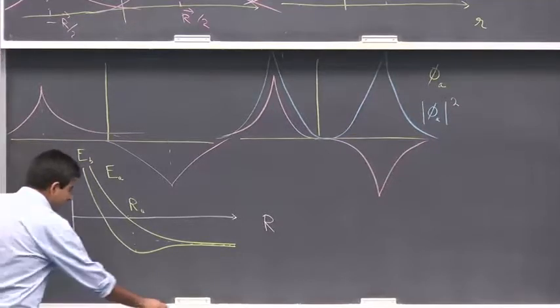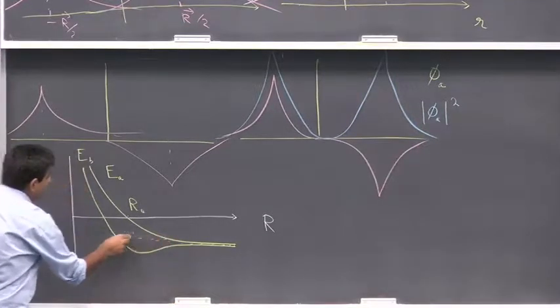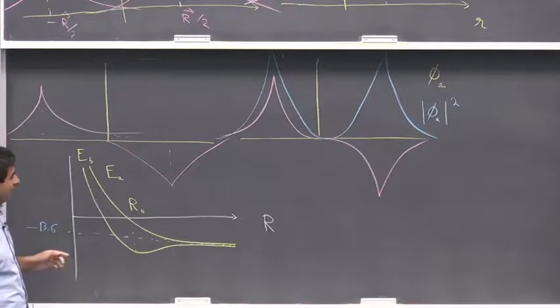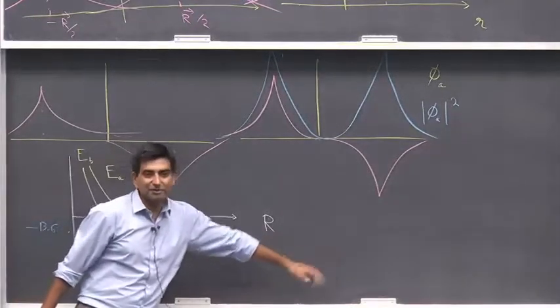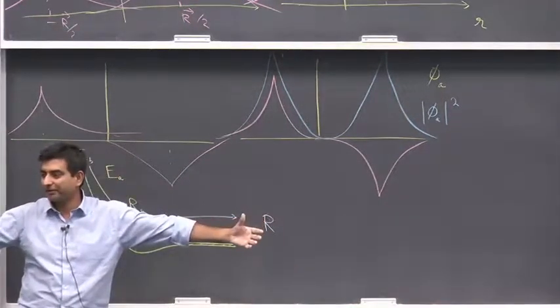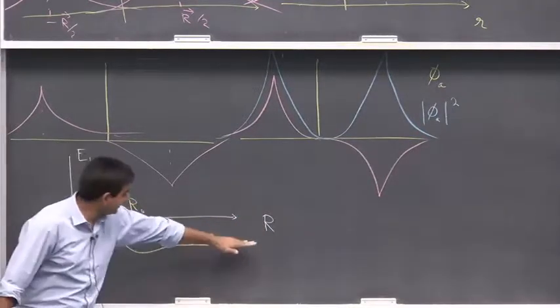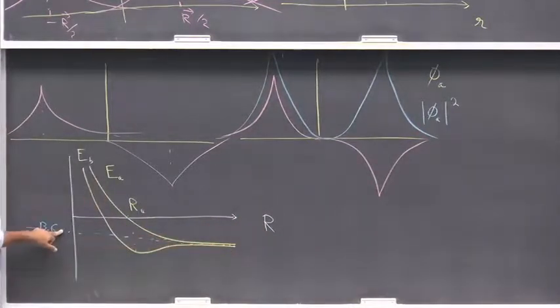And this, by the way, is minus 13.6 electron volts, which is the energy of a single electron. When R is really large, it means that the two nuclei are independent. So the energy of the system is going to be minus 13.6 electron volts.